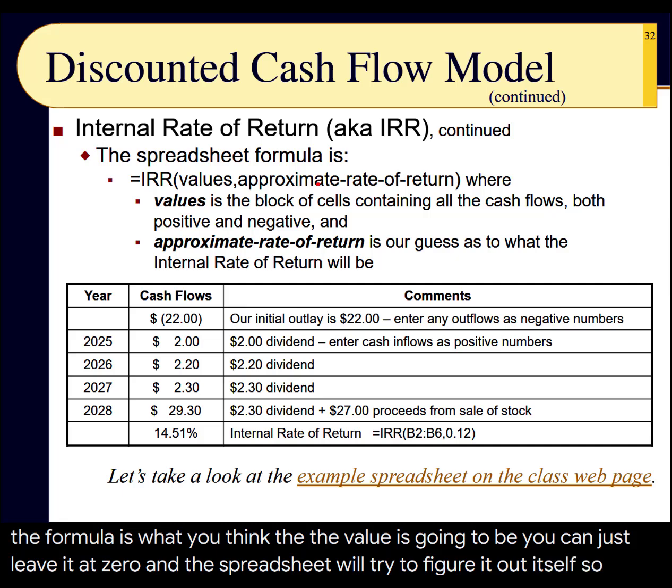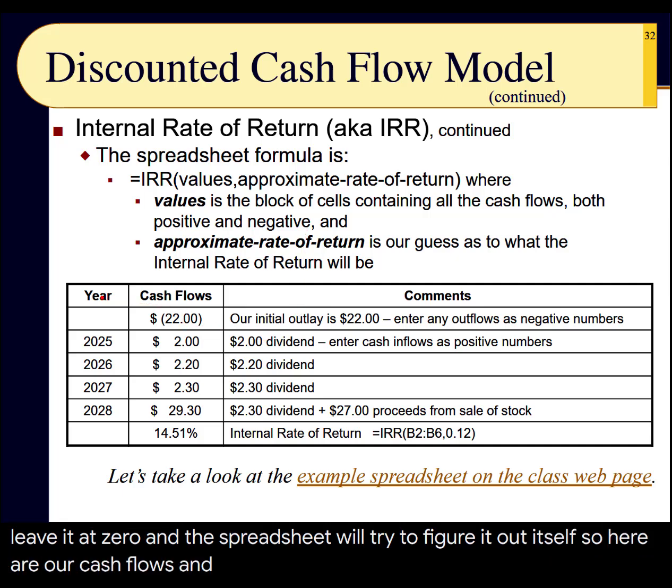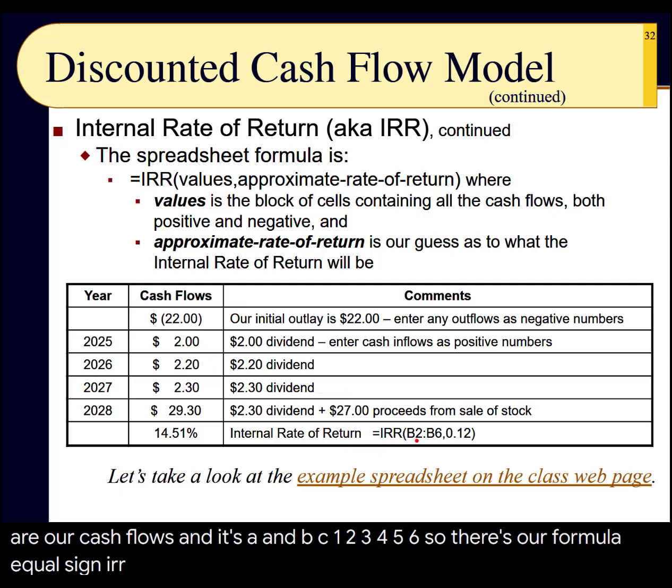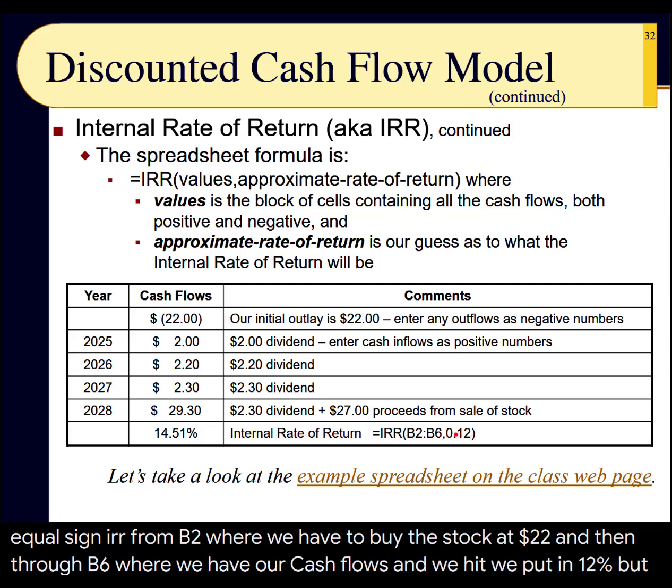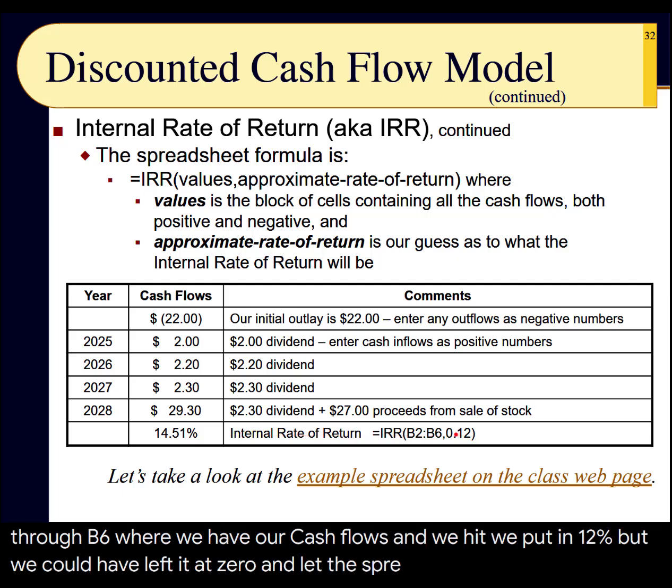So here are our cash flows, and it's columns A, B, C, and rows 1, 2, 3, 4, 5, 6. So there's our formula. Equals sign IRR from B2, where we have to buy the stock at $22, through B6, where we have our future cash flows, and we put in 12%, but we could have left it as 0 and let the spreadsheet try to figure it out.